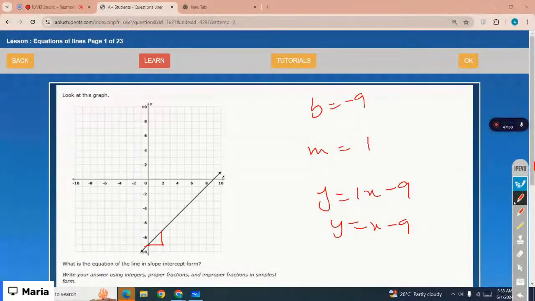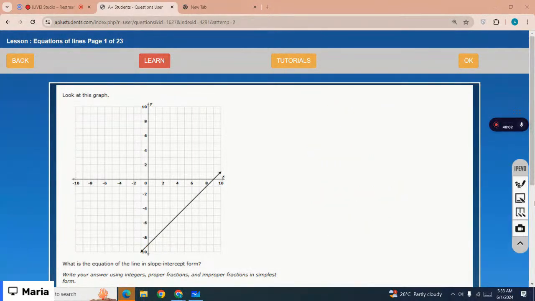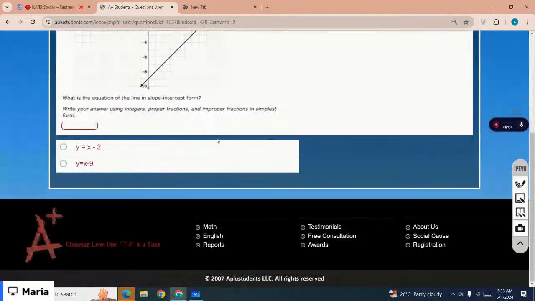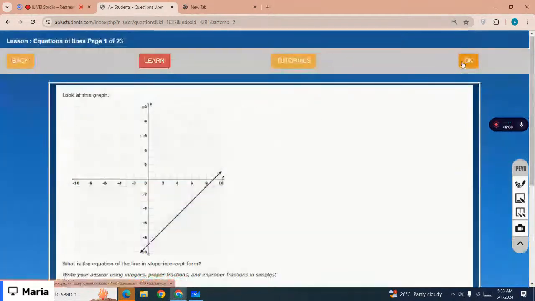Got it? The correct option is y equals x minus 9. Option number 2 is the correct option.